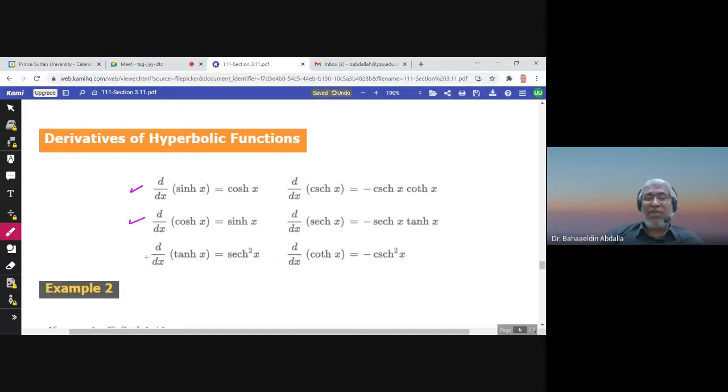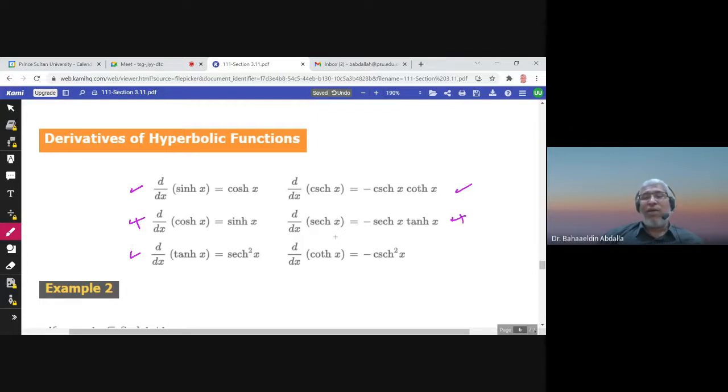The derivative of hyperbolic tan is secant square, so this is also similar. Okay, but this is not similar to the trigonometric. There is a negative sign. And the derivative of hyperbolic cosecant is negative hyperbolic cosecant times hyperbolic cotan. This is similar to the derivative of cosecant x in the trigonometric. The derivative of secant has no negative sign.